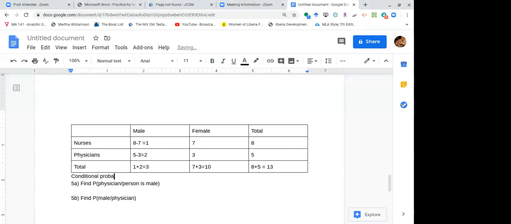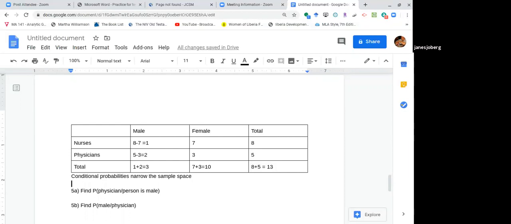And what they do in practice is they narrow the sample space. Well, what do I mean by that? Because you're choosing out of that given column. Right, so they narrow the sample space.